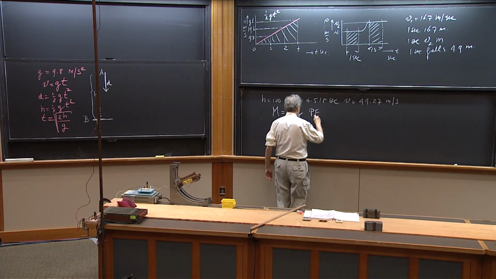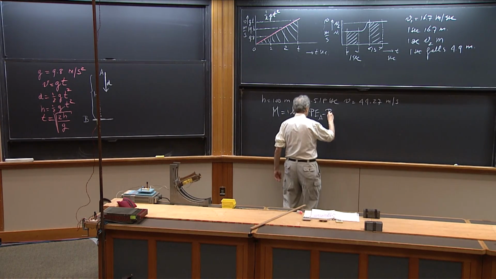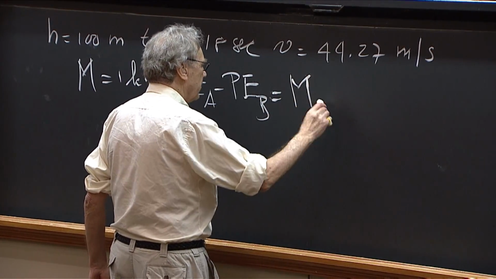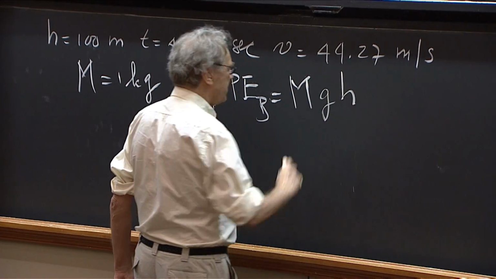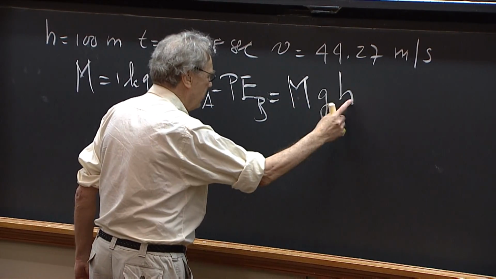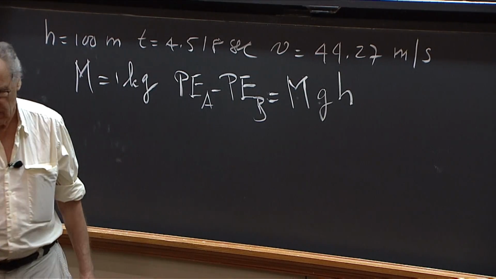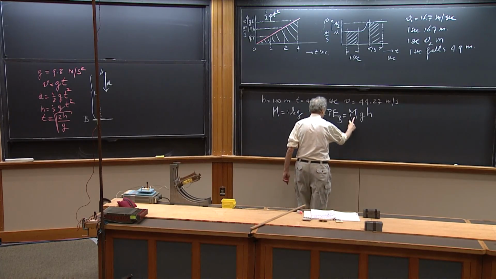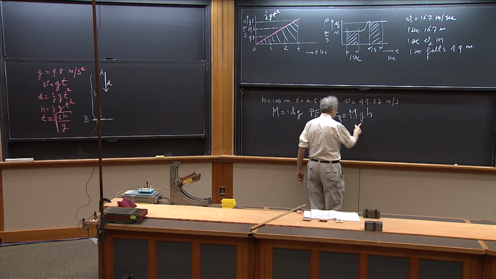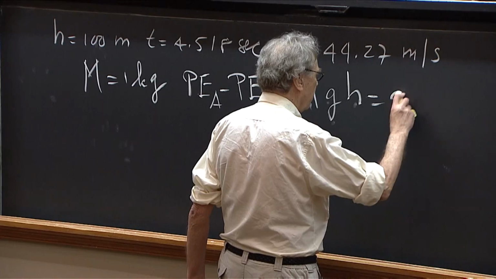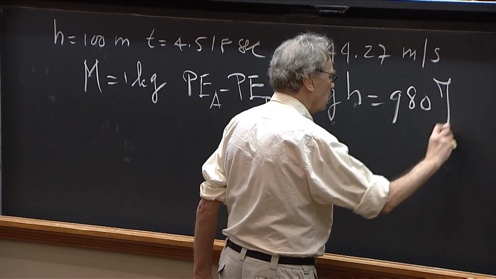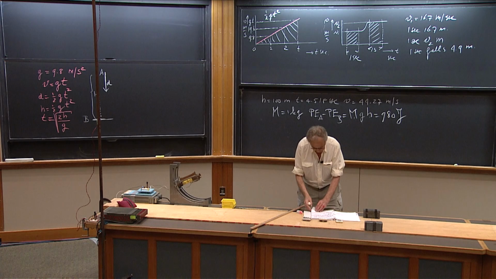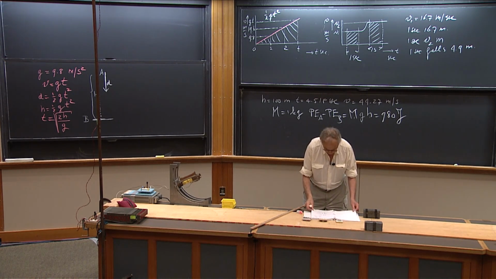So the potential energy at A minus the potential energy at B is m times g times h. Last time I wrote on the blackboard m times h times g, which is exactly the same thing, of course. And so, if m is 1 kilogram, if h is 100 meters, if g is 9.8, then this is 980 joules. So that is the potential energy at point A.